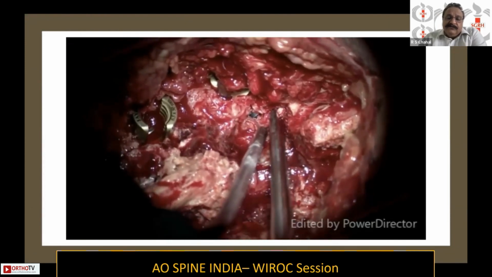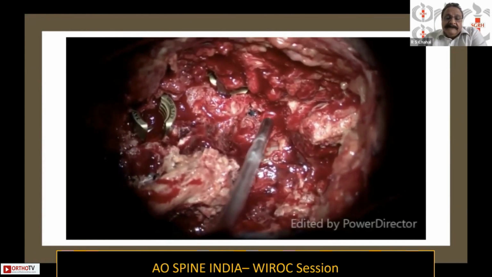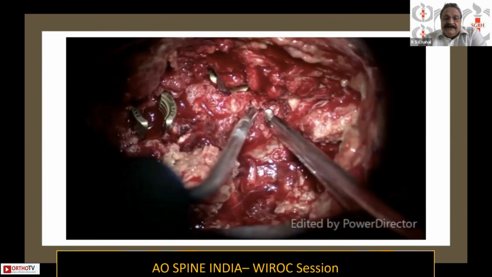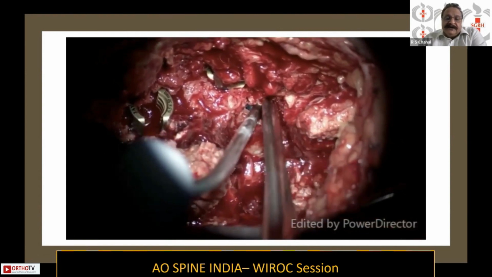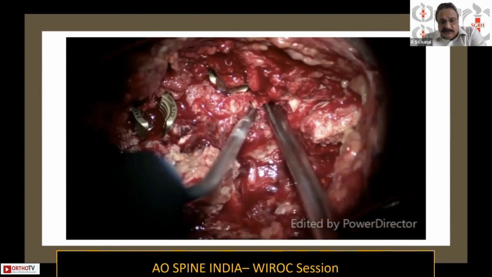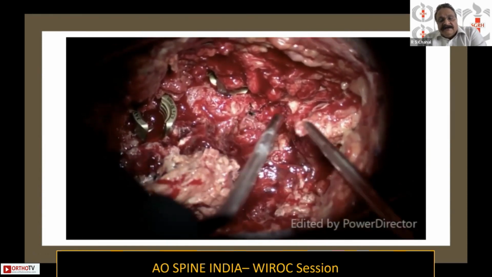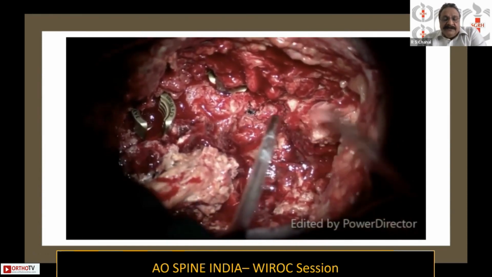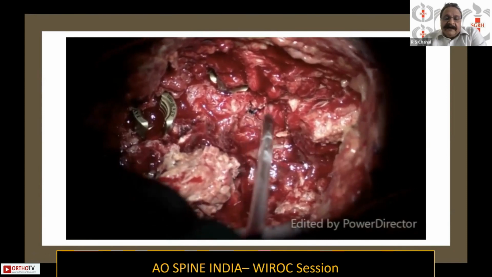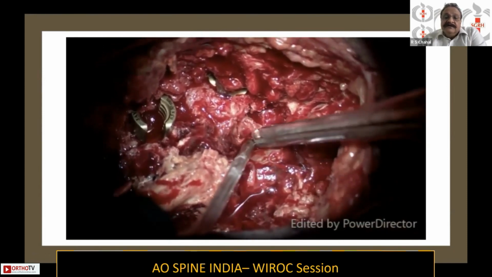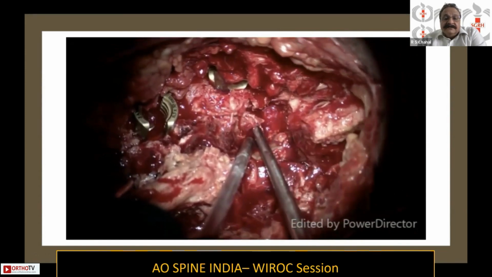For any rescue screw, you must do a laminotomy. If you just feel excited that you have seen a breach and try to just unscrew the screw, and it is an inferior or a medial breach, your screw threads will act like a knife and cut through the root.